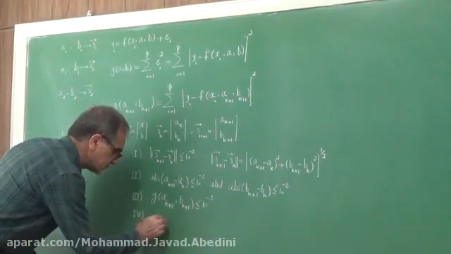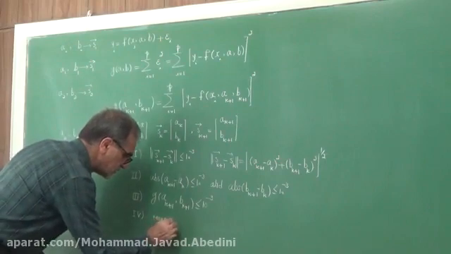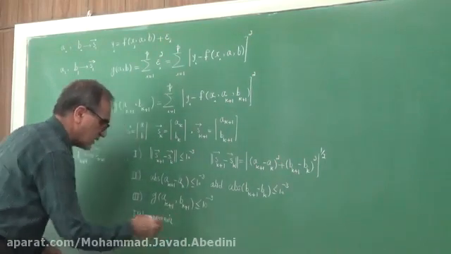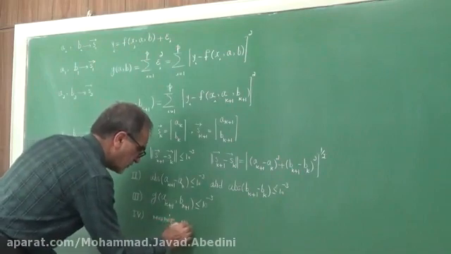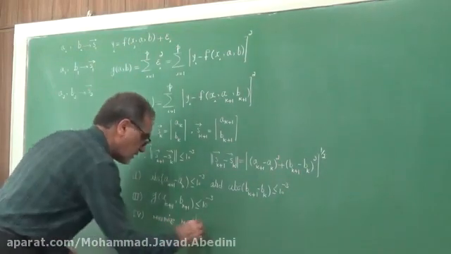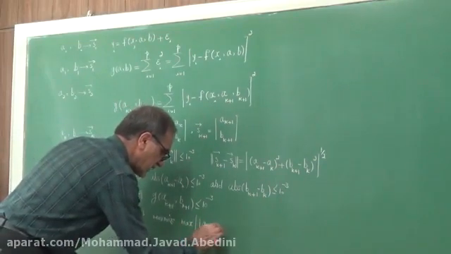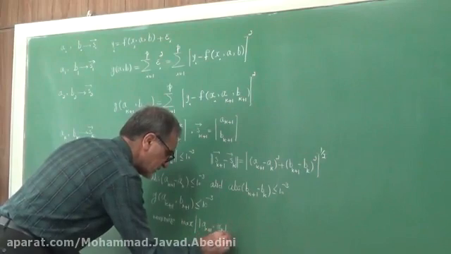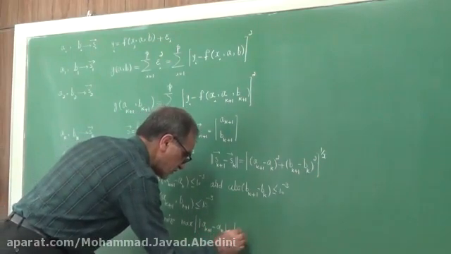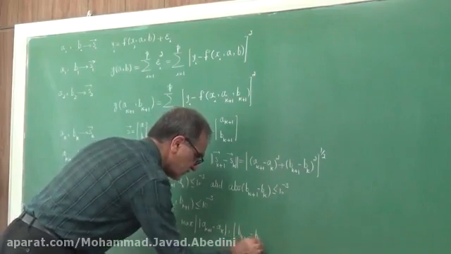Minimize the maximum of the absolute value of A_{k+1} minus A_k, and the absolute value of B_{k+1} minus B_k.